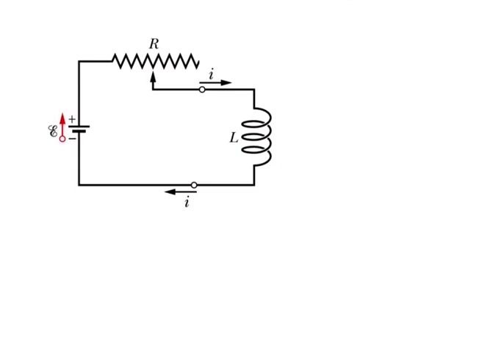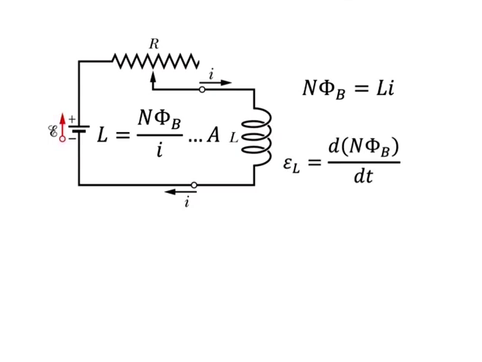For any inductor, equation A tells us that N phi B is equal to L i, and Faraday's law tells us that epsilon L is equal to minus d N phi B upon dt. By combining these two equations, we can write epsilon L is equal to minus L di upon dt, which is the self-induced EMF.